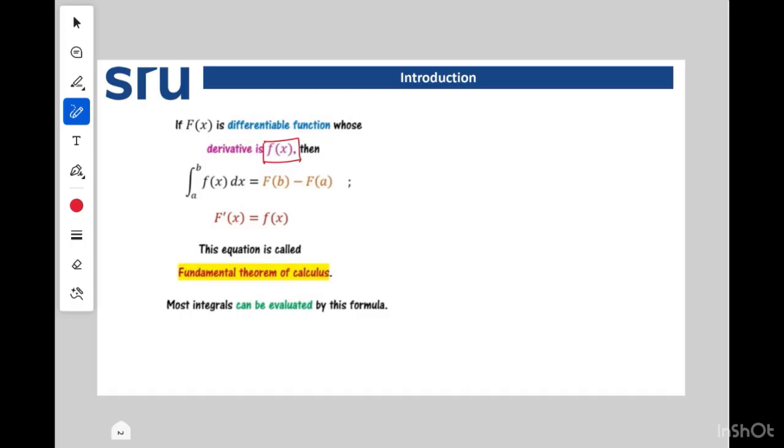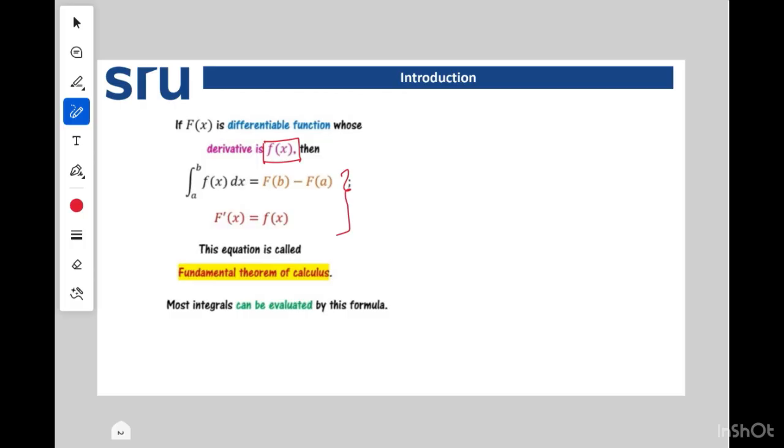If you integrate it over the interval a to b, you will get F(b) minus F(a), where F'(x) equals f(x). What is capital F here? Capital F is the antiderivative of small f(x), and this result is called the fundamental theorem of calculus.